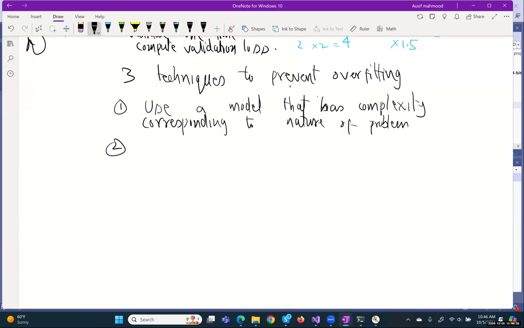Second is use more data, more training data. That will always make the model better as opposed to using less data. Because if it has less data, it will try to accommodate all that less data and memorize it.